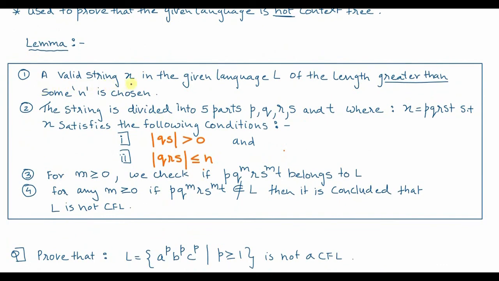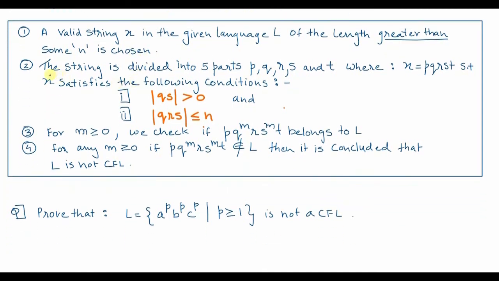A valid string x in the given language L of length greater than some n is chosen. So first we say that let n be an arbitrary value. Then you should choose a valid string x in the given language such that the length of this string x is greater than n. Now the string x that we have considered is divided into 5 parts.